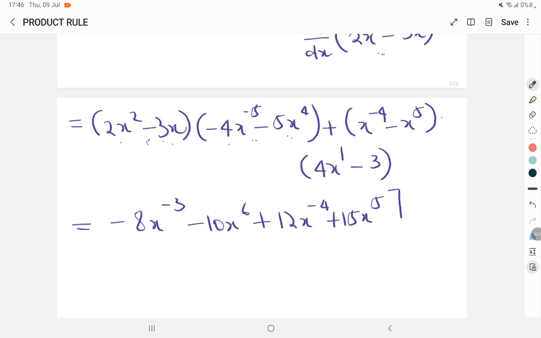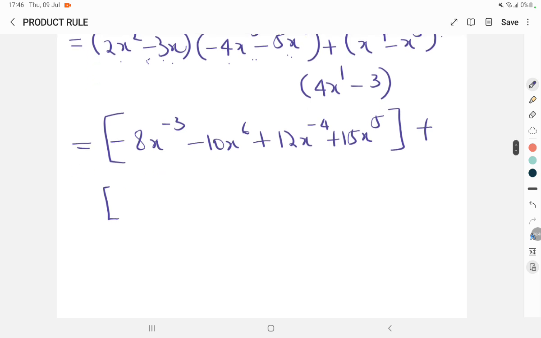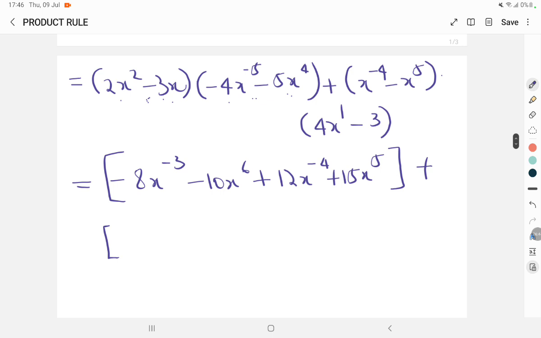Then we say plus, then we multiply this one and this one. Let me open the bracket, right? Then we multiply this one and this one, it's gonna give us 4x to the power of -3. Let me just write it properly, -3.